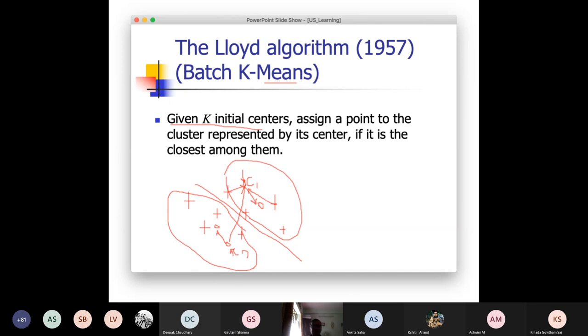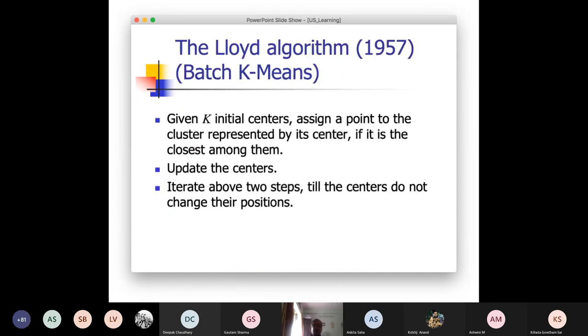Okay. So let me continue. As I mentioned, iterate the above two steps till the centers do not change their positions.